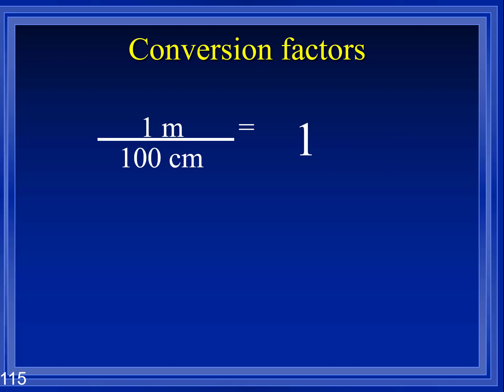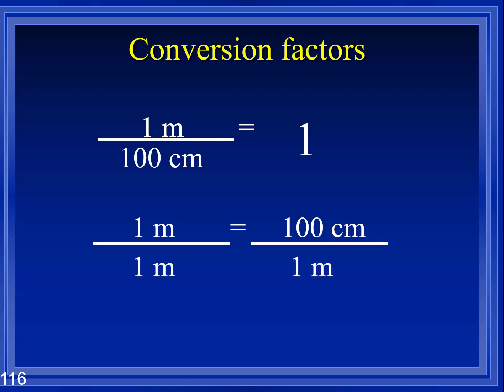So I have a ratio of equivalent measurements. This is a conversion factor. The thing on the top and the thing on the bottom equal each other. But I said I could do it twice. No, I can, because I can start here and divide both sides by the 1 meter.